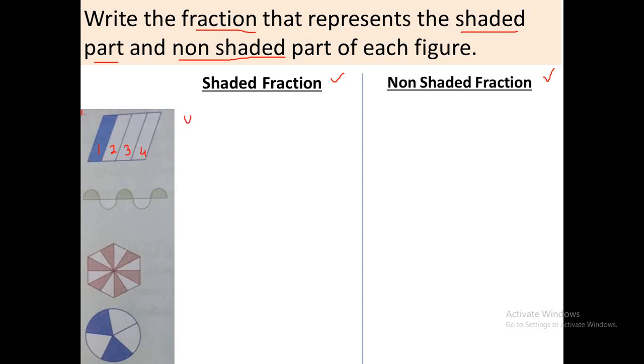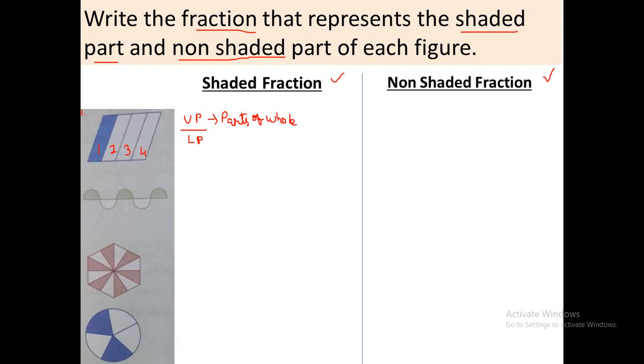One is the upper part and one is the lower part of the fraction. And the upper part and lower part are separated by a line, right? And this upper part shows parts of the whole, right? Parts of whole.